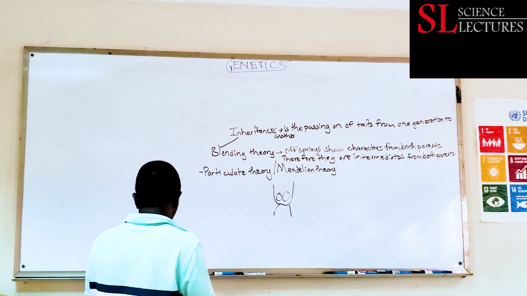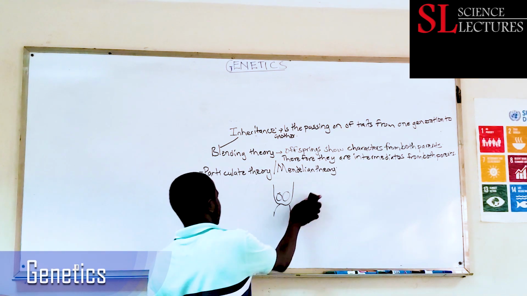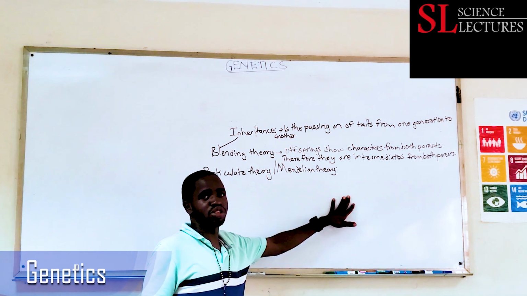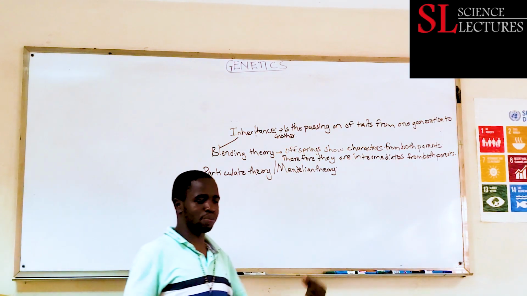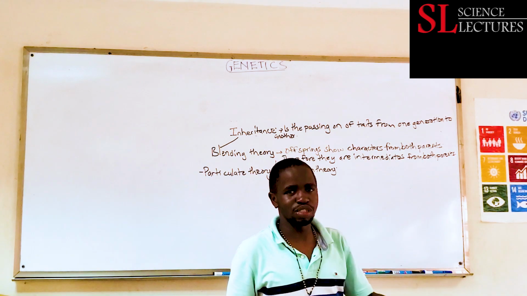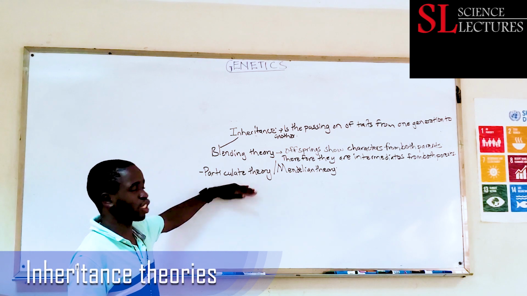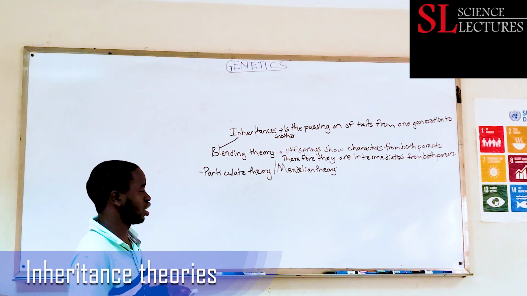But later, Gregor Mendel says this theory is a very big lie. He comes up with his own theory to try to explain how traits are transmitted from one generation to another, and he explained that in the particulate or Mendelian theory.